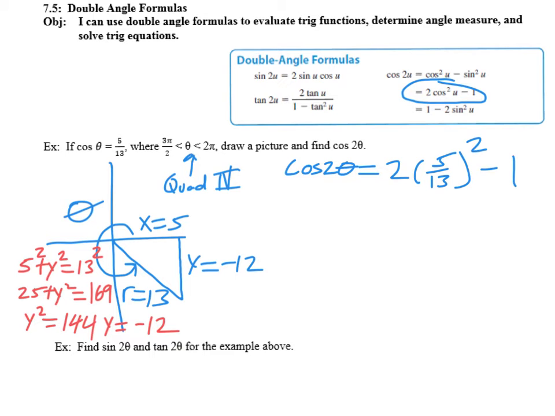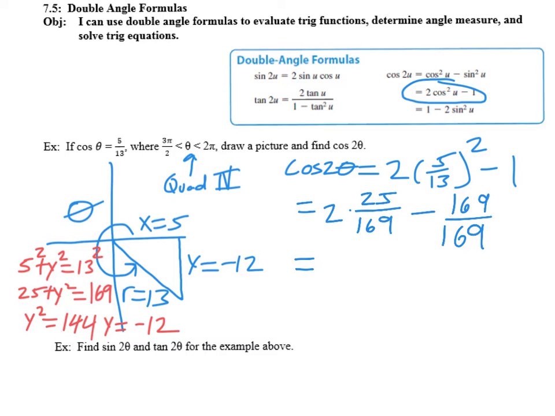All right, let's get back over to finding this cosine value. Kind of like the sum and difference formulas from 7.4. We oftentimes just end up with a fair amount of simplifying that we have to do. Okay, there's 5 over 13 squared. I'm eventually going to subtract 1, so I'm already thinking ahead to a common denominator.